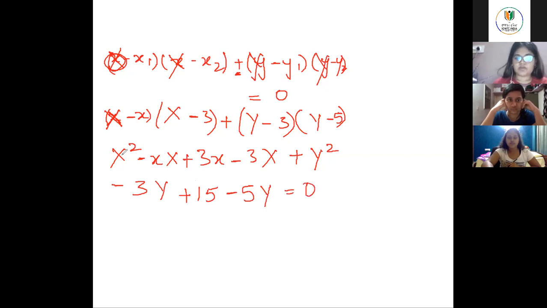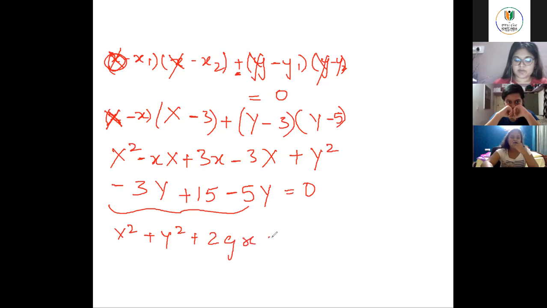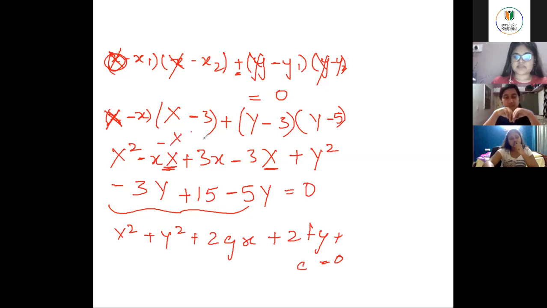Now convert this equation into the format of x square plus y square plus 2gx plus 2fy plus c equals 0. How will you do it? Club the ones which are of the same variable type. So if I have an x here and an x here, I can club these. I can take this as minus of (x plus 3).